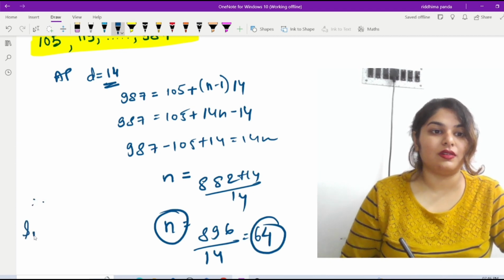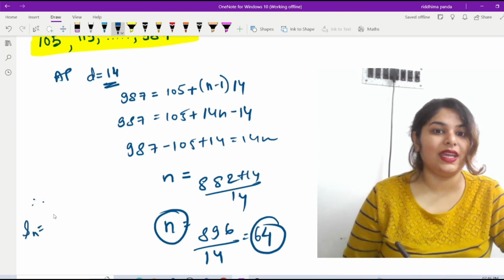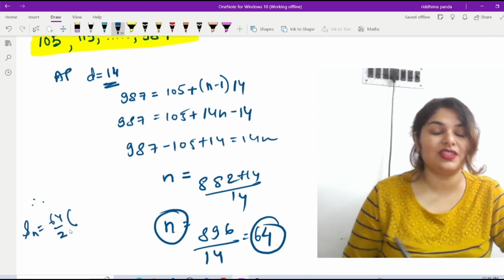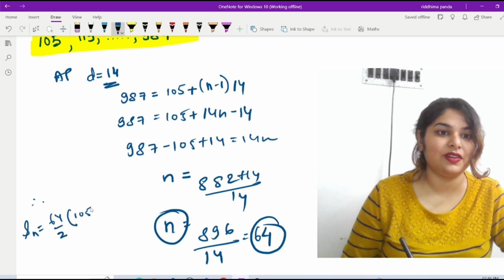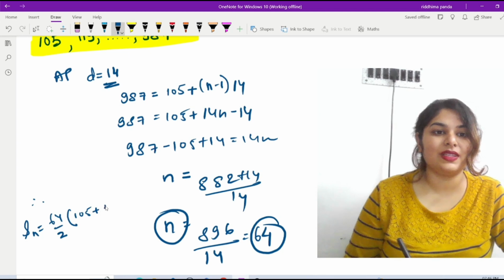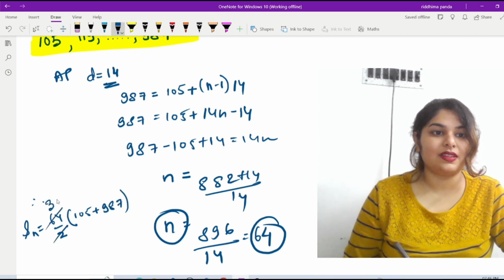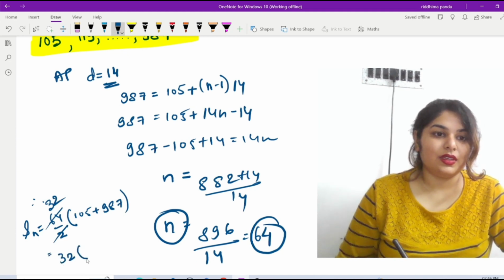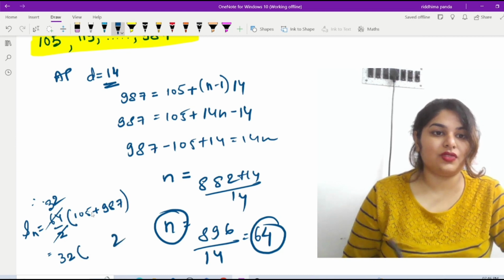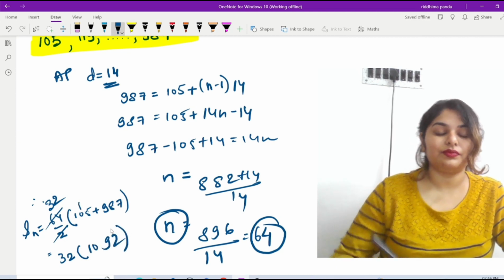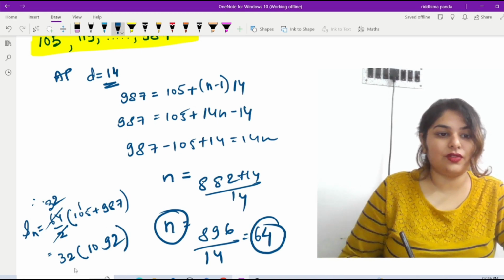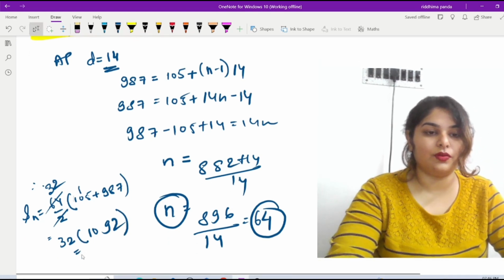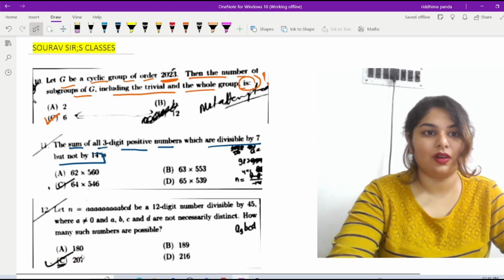Therefore, the summation of these n terms will be n by 2, that is 64 by 2, into the first term plus the last term. So first term is 105 plus last term is 987, that is 1092. Let us check the options for how I can write it.